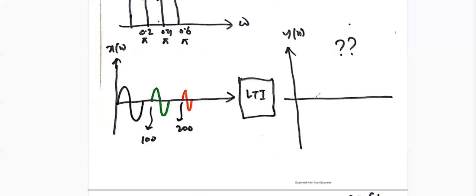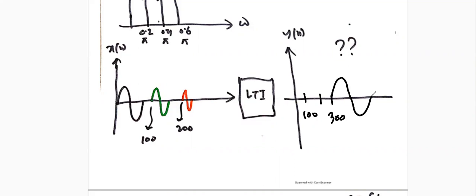Let's say this is 100, this is 200, and this is 300. So at 300, our black signal, the high frequency signal, will start and end.